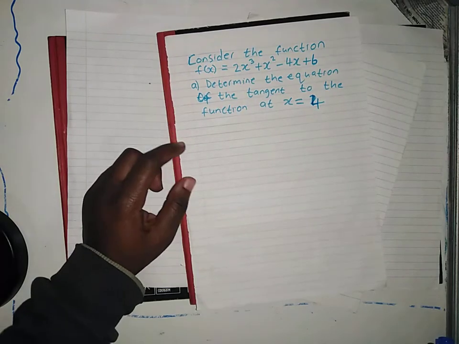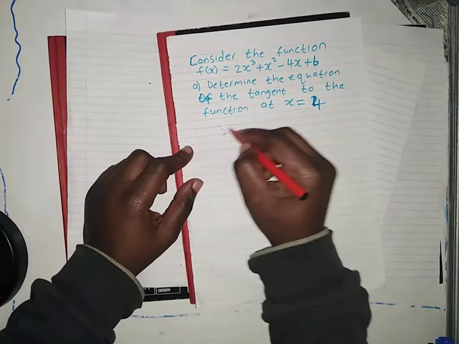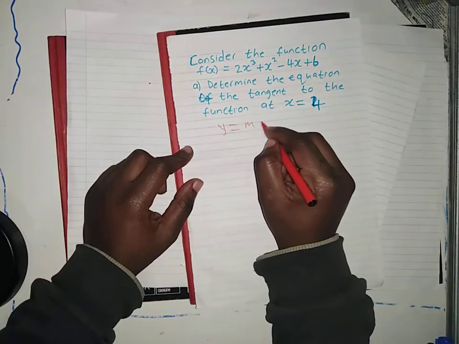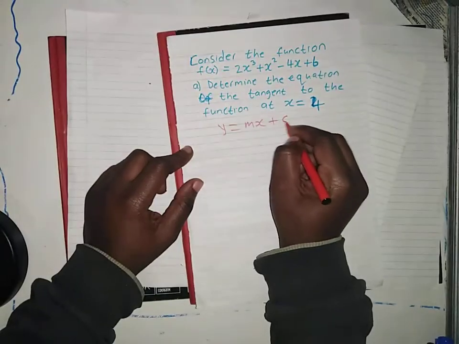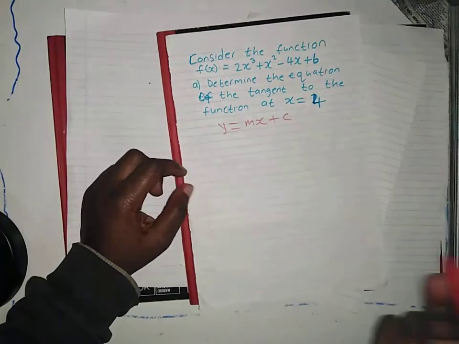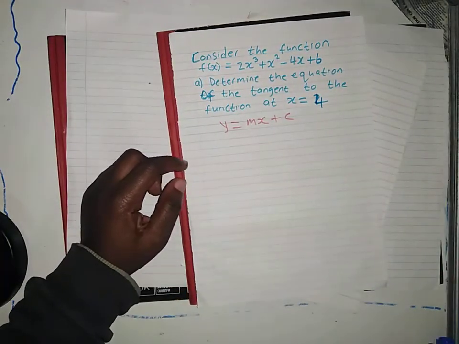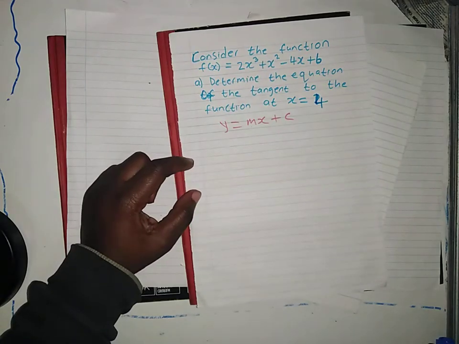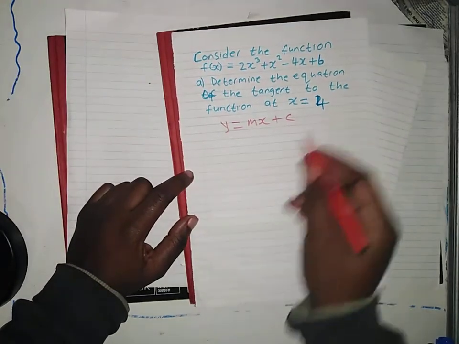So we know the equation of a tangent must be y is equal to mx plus c. So what do we need to find? We need to find m and c, and we know that we get m through the derivative at this point.